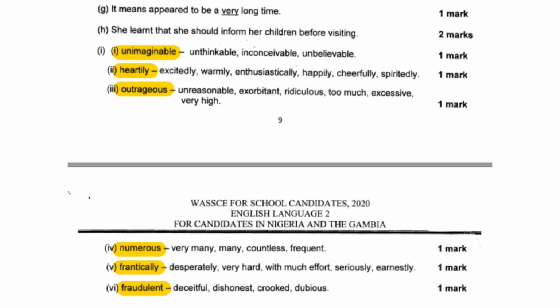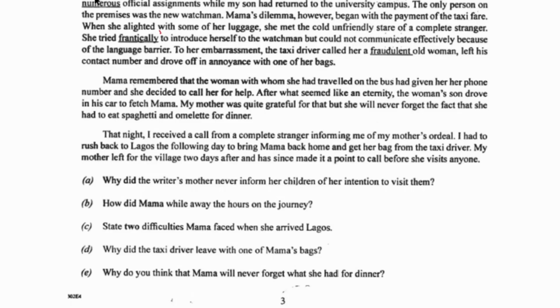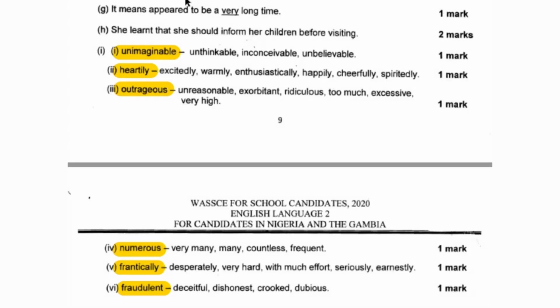What they are saying is this: if you are going to supply another word that is the synonym that's going to replace this word in the comprehension, it must fit in perfectly. For example, here they said she tried frantically to introduce herself to the watchman. So if you want to replace frantically, you have a variety of options.